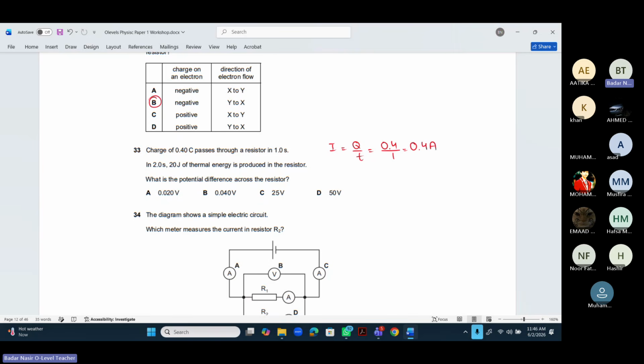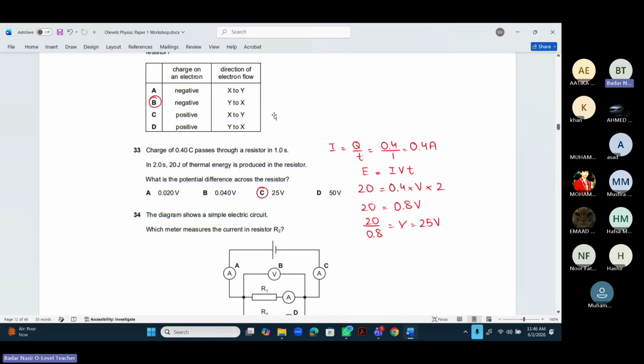What is the potential difference across the resistor? इलेक्ट्रिकल एनर्जी का फॉर्मूला IVt. ओके सो एनर्जी है 20, करंट है 0.4, वोल्टेज है V, टाइम है 2. तो 0.4 इंटू 2, 0.8 V. तो 20 डिवाइडेड बाय 0.8 किया सो यहाँ से हमारे पास पोटेंशियल डिफरेंस निकल आएगा. So 20 divided by 0.8 gives us 25 volt. So the correct answer is C.